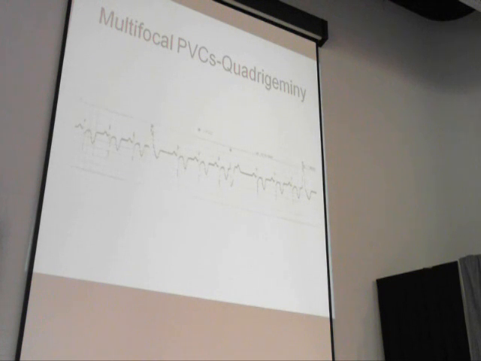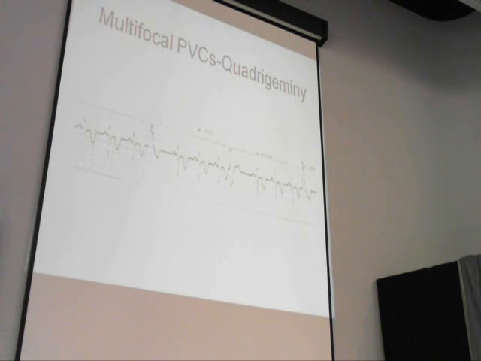If I were to put one on top of the other, they're identical. What name would we give those PVCs? They look the same, they're uniform. Those are unifocal PVCs. PVCs are not good, but if you're going to have them, unifocal is better than multifocal. Unifocal means I've just got one little hot spot out there.